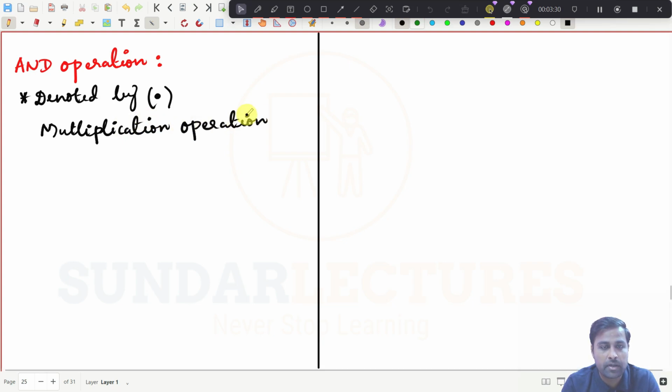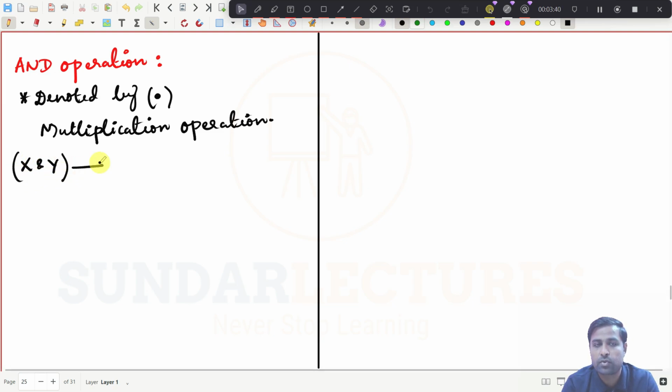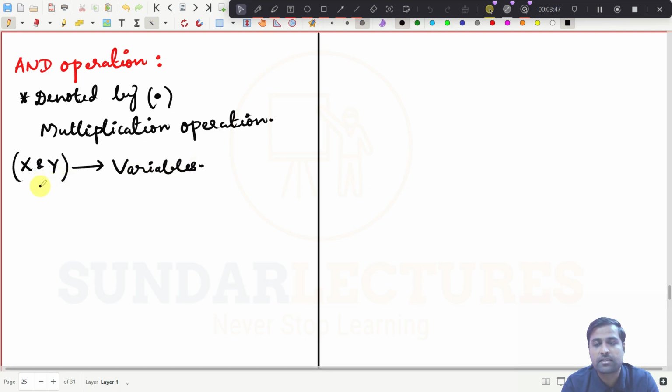For example, if you have two variables, x and y, the variables can have only the value 0 or 1, since they are binary values.